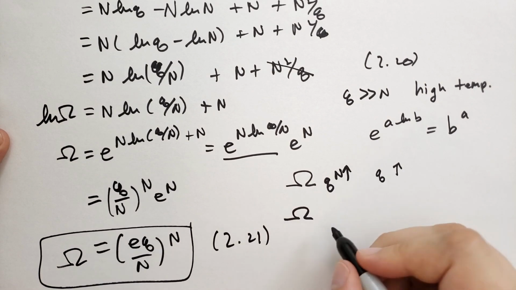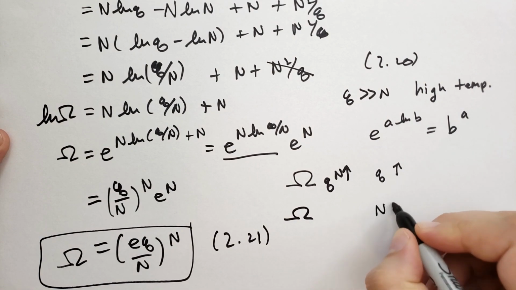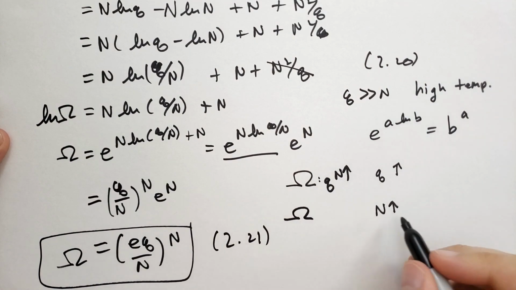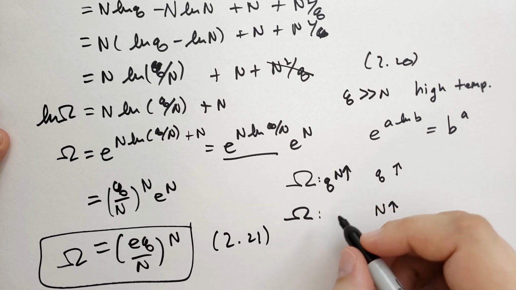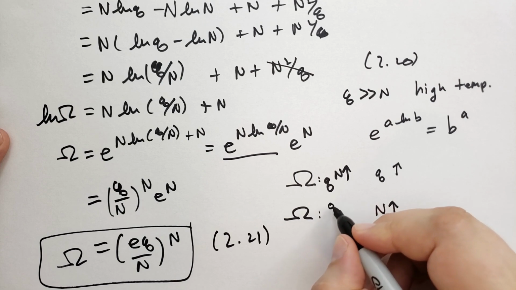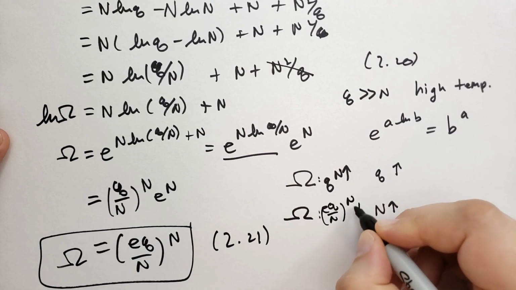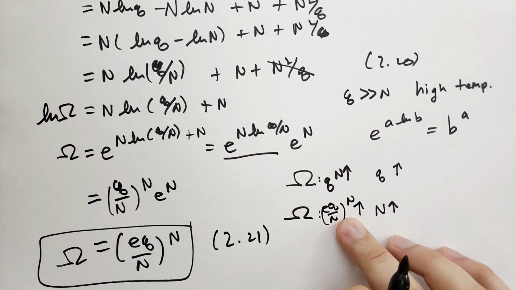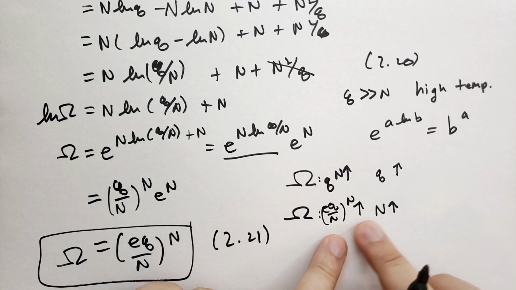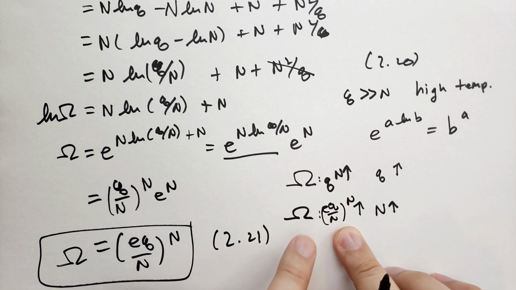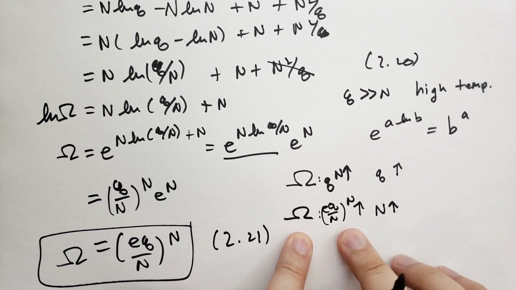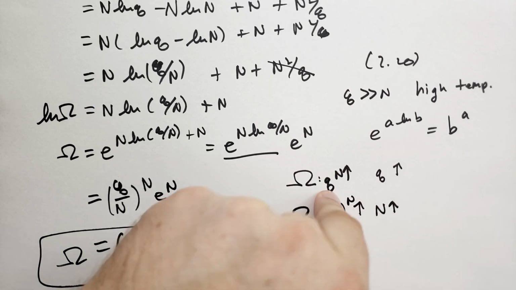What if we increase the number of degrees of freedom? As the number of degrees of freedom goes up, we're going to see that this goes up by eQ over N to the n, with the exponent of n. So increasing the degrees of freedom has a huge effect on the number of states, right? But increasing Q doesn't have as large an effect.